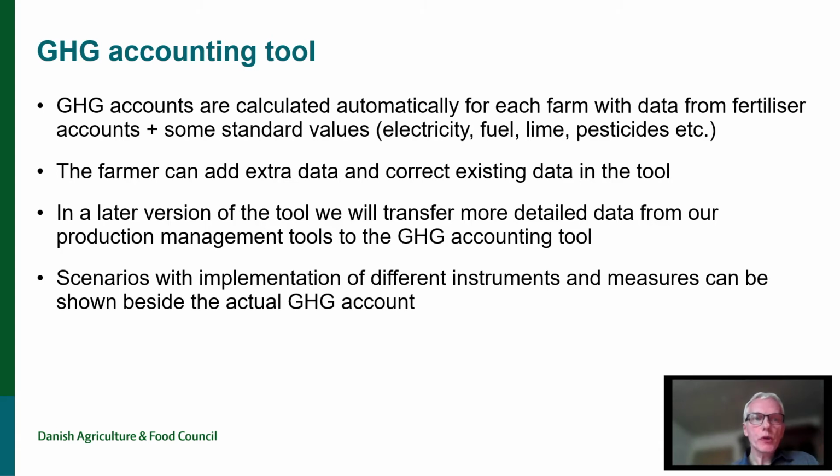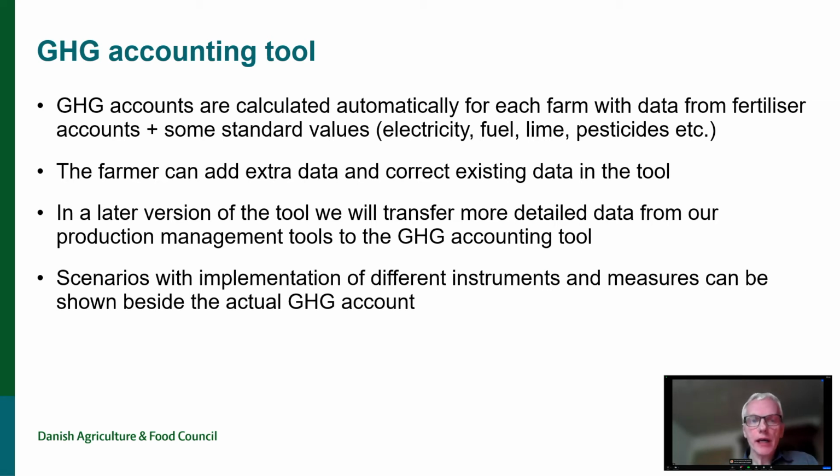So with the tool, greenhouse gas accounts will be calculated automatically for each farm with data from the fertilizer accounts. We have to add some standard values to cover all aspects of the greenhouse gas account, for example about electricity, fuel, etc. But most of the data can actually be taken from the fertilizer accounts.